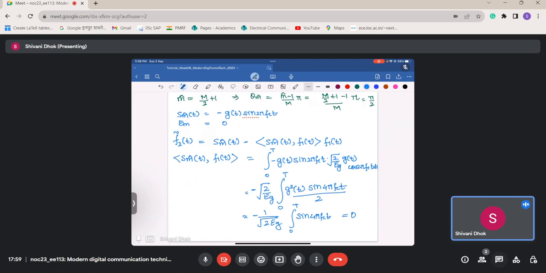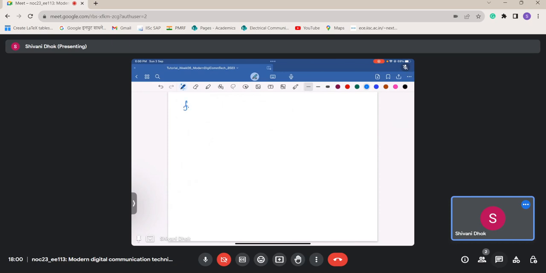So this f2 tilde t that we are having is basically coming out to be SM hat t.